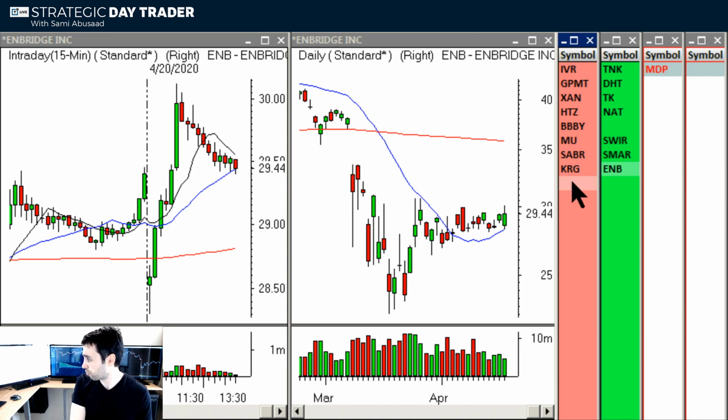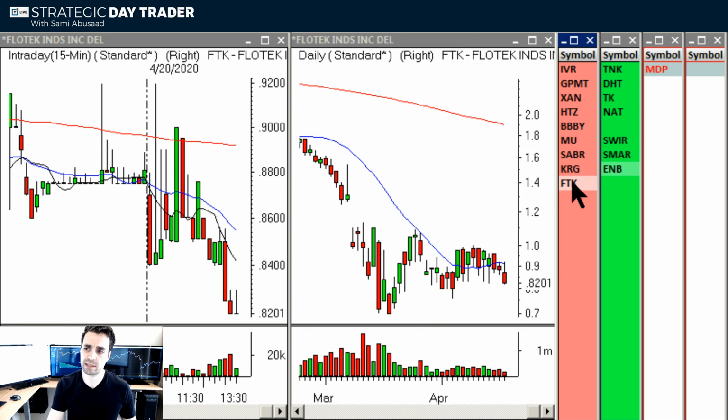So I'm either looking for pullbacks or breakouts, or counter rallies and sell setups. This is a penny stock, otherwise basing, not basing really, but looks lower. FTK. I can't short penny stocks unless I do it at TradeStation. Unless I locate the stock, this looks lower, but again, penny stock. A lot of the oil stocks are now penny stocks because oil dropped like 75% or something. A lot of the oil stocks have this year.